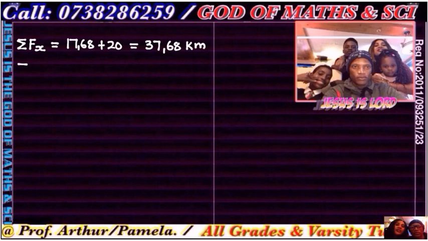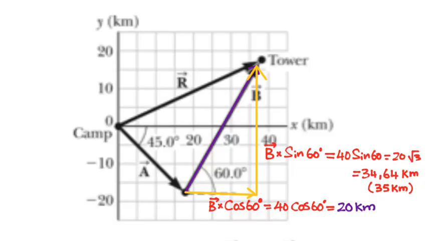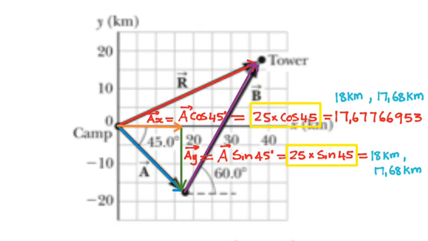Then we need to do the sum of the vectors along the y. I should actually put the arrow there. I love to put arrows because it's a vector. So let's go look at this one. This vector here is pointing upwards. The green is pointing down, opposite direction. Am I right?